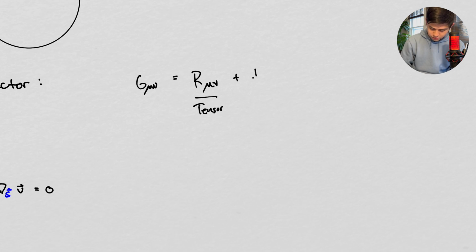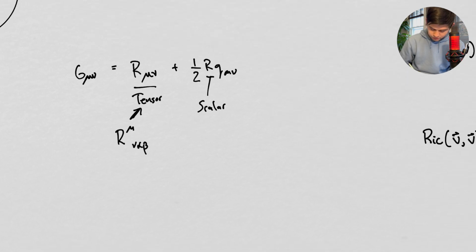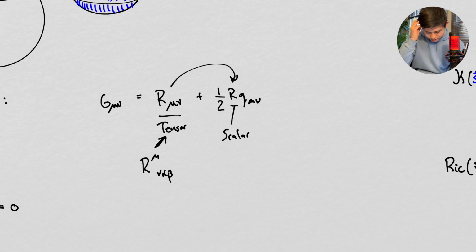And then that's going to be plus 1/2 the Ricci scalar times G mu nu. That's the metric, right? So embedded within this guy is R mu nu alpha beta. That's the curvature. And we get the scalar from this guy, right? So this is all how this is going to work.